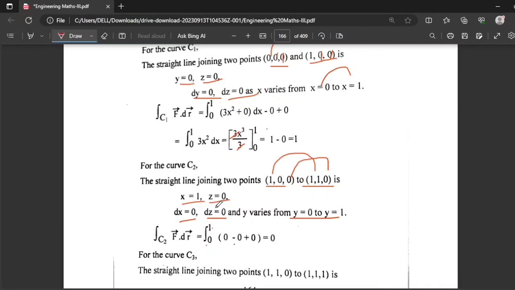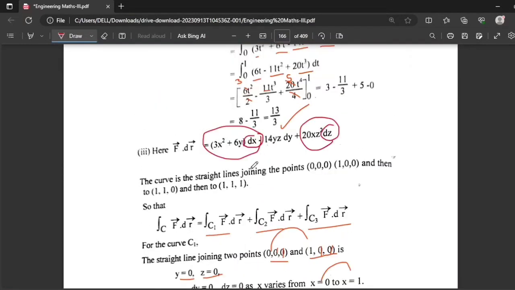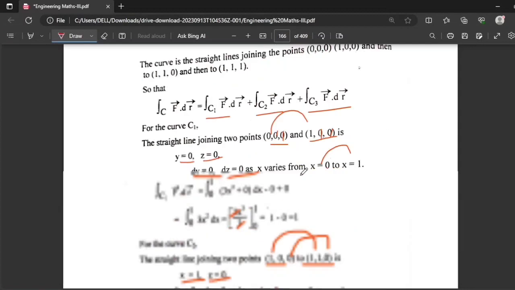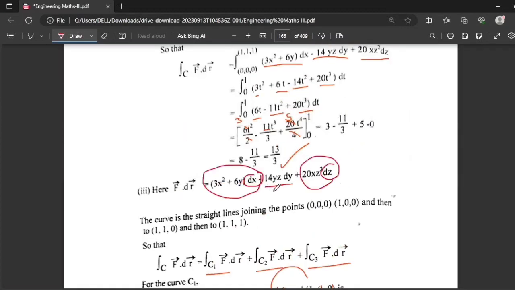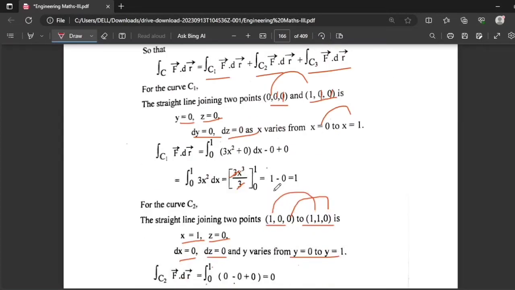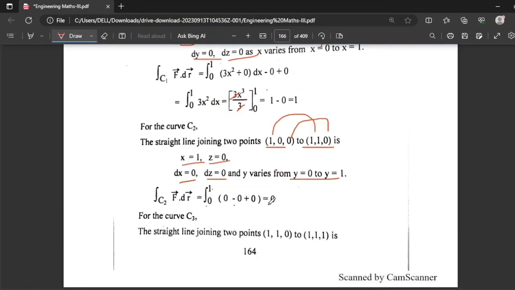Here z is 0, so this whole term will be 0, so 0 minus 0 plus 0 is also 0.